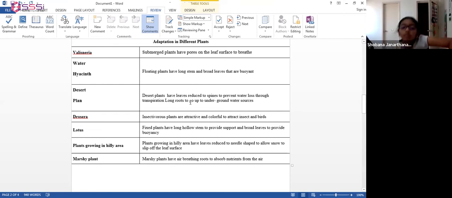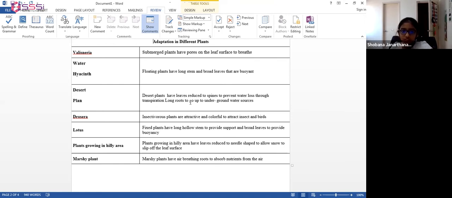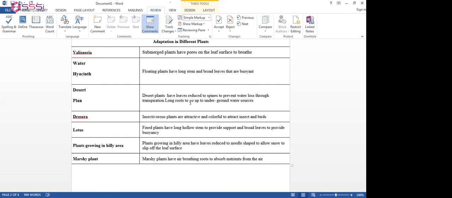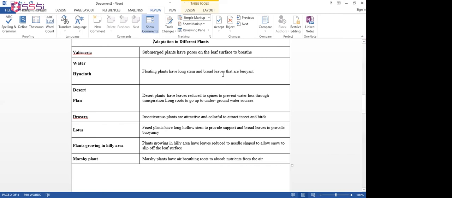Ma'am, the water hyacinth has buoyant, what is the meaning of buoyant, ma'am? If they have broad leaves, they cannot immerse in water.